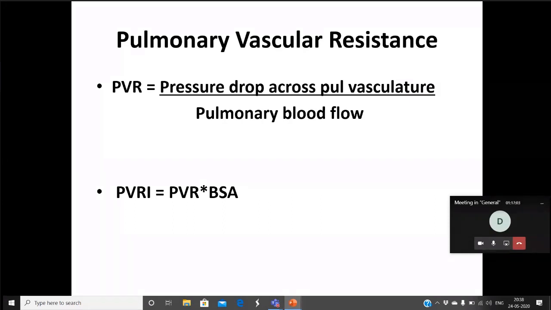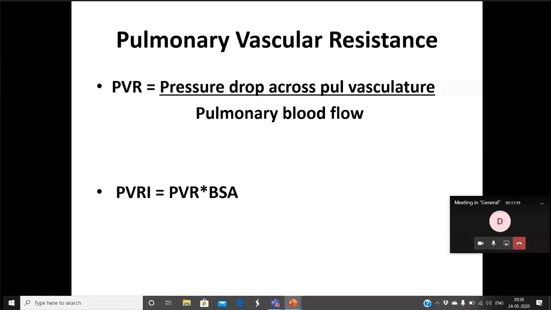Why did I correct you? Can you tell me one condition where pulmonary artery wedge pressure cannot be used? Pulmonary vein stenosis. Yes, when there is a vein occlusive disease, then that formula cannot apply. But for all practical purposes, you are right, Pragati, that's correct.